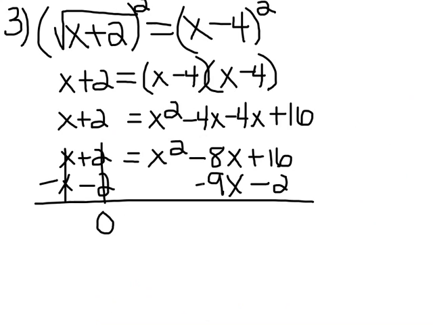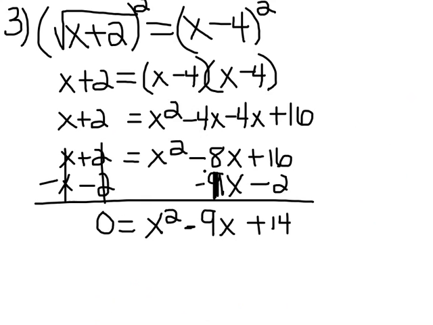Our new equation becomes 0 equals x squared. Sorry about that, guys. This should be a minus x and a minus 1x. I was getting a little ahead of myself. So a negative 8x and a negative 1x is a negative 9x. 16 minus 2 will give us a positive 14.